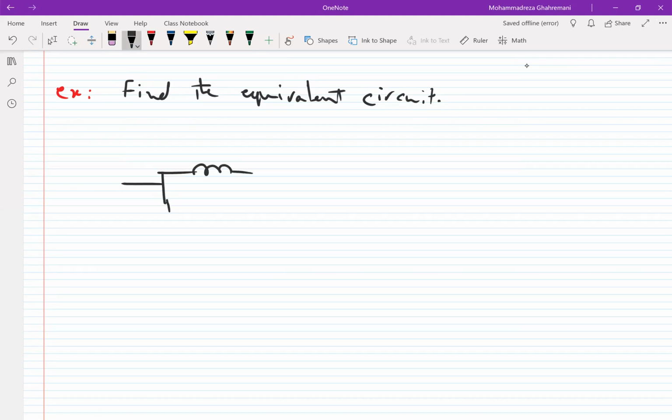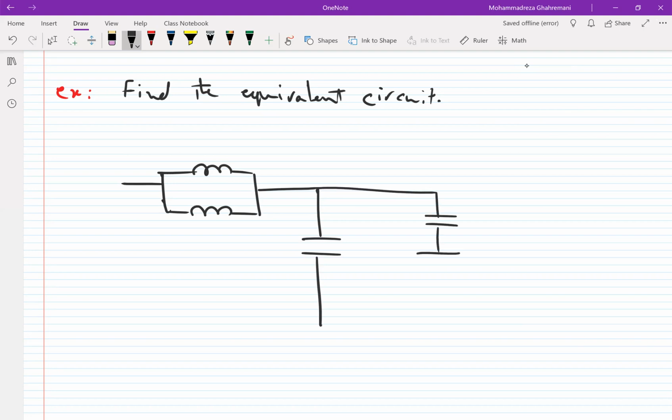We have one inductor here, another here, connected in parallel. There is a capacitor here. There is another capacitor here. Two more capacitors here. And we have one more inductor here. And that's it.